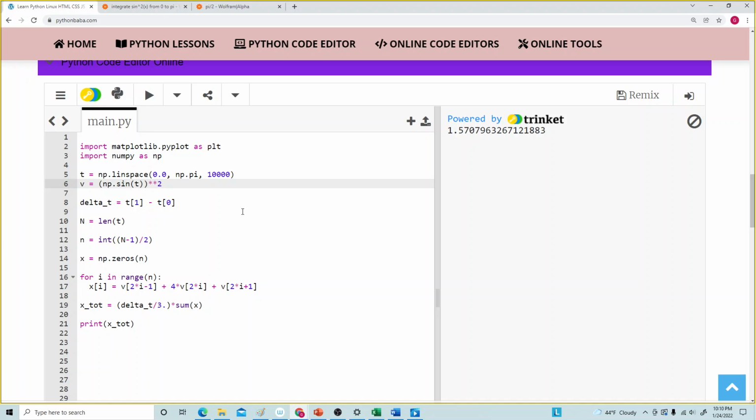Okay, but this is the meat of the program right here. It is this algorithm that is doing the machine heavy lifting. Okay, it's doing the heavy lifting.